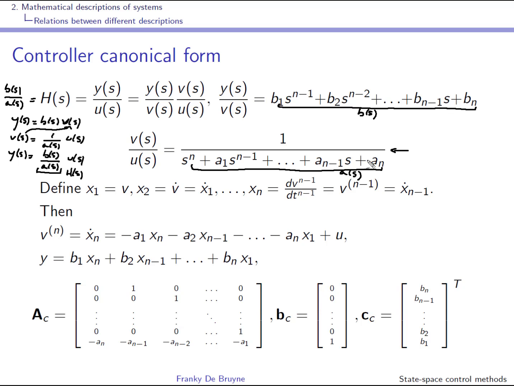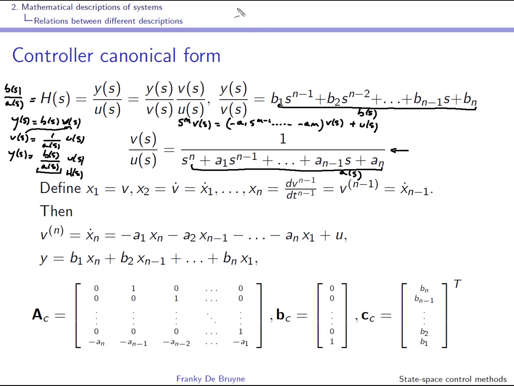Using this relation here, you can write s^n V(s). This is obtained by multiplying by A(s), so that you have an A(s) appearing on here. The U(s) will go over there, and then you keep the first term on one side and you take the other terms on the other side. So you'll have minus a1 s^(n-1) up to minus an, the whole thing times V(s) plus U(s), right? This we'll be using later.